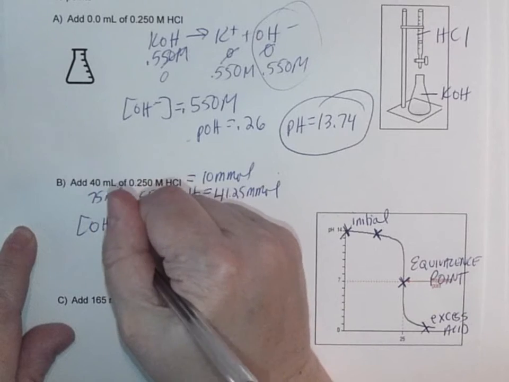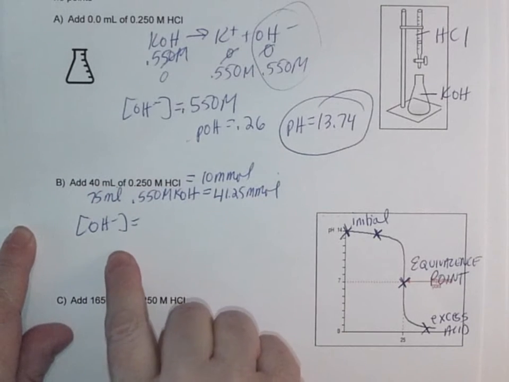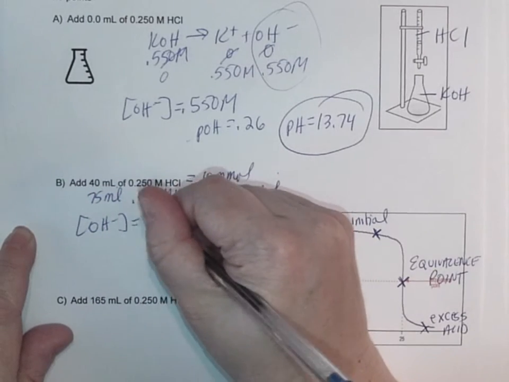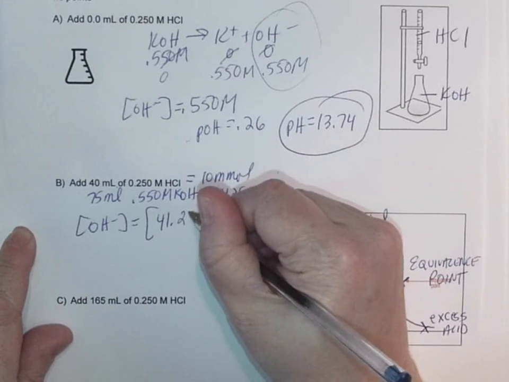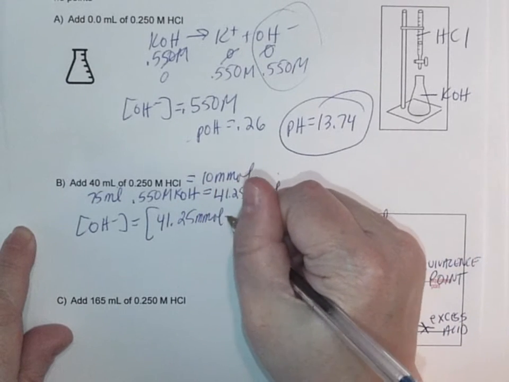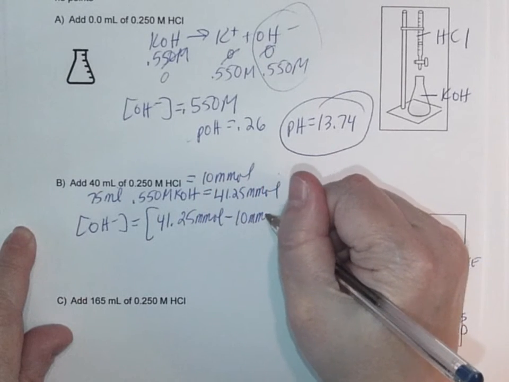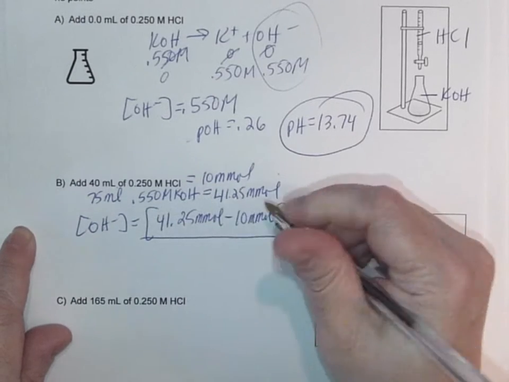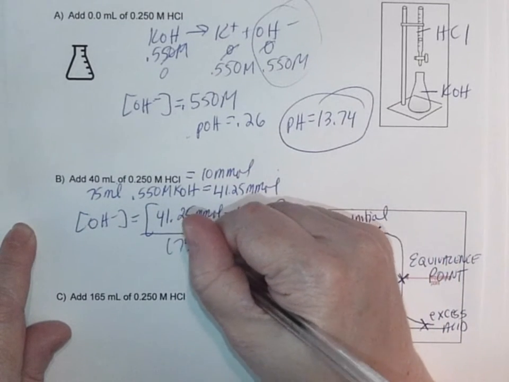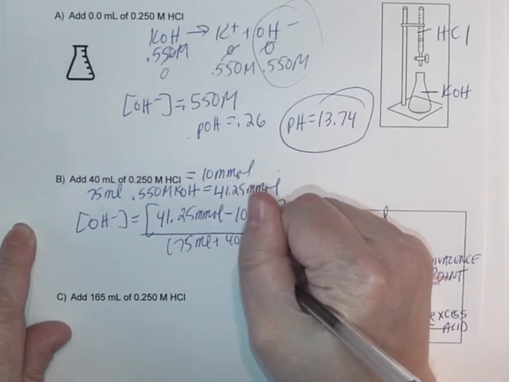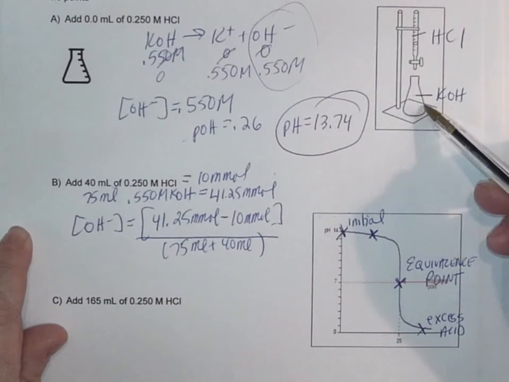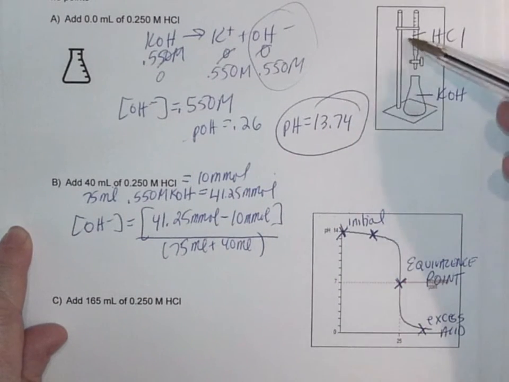So that means I still have a lot of hydroxide in there. Because it's a neutralization reaction taking place, this base is going to be neutralized by that amount of acid that was added by the burette. I need to take the total volume that is now both what I started with in the Erlenmeyer and what was added.